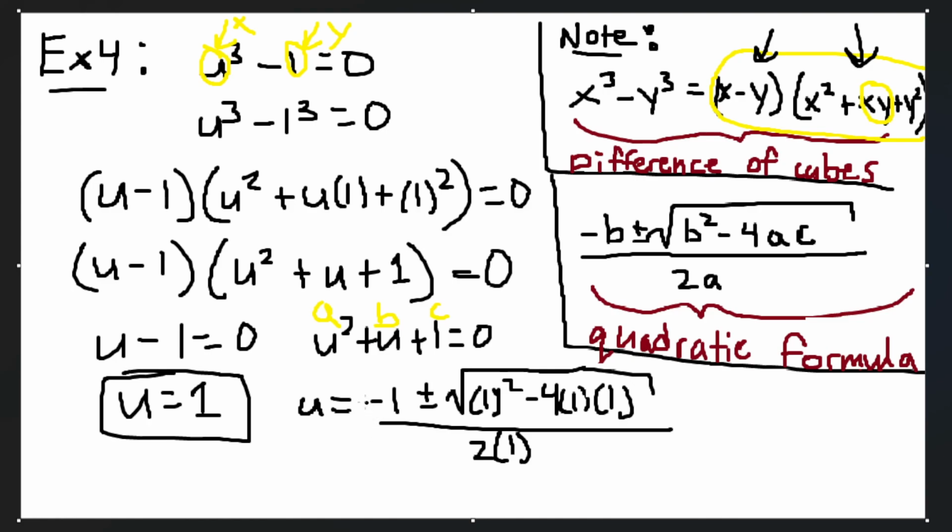If we simplify all of this, we get an answer of negative 1 plus or minus the square root of negative 3, all divided by 2.